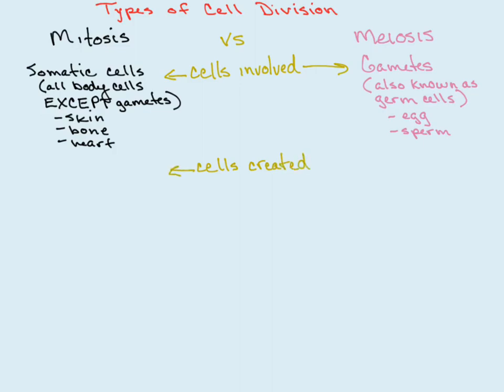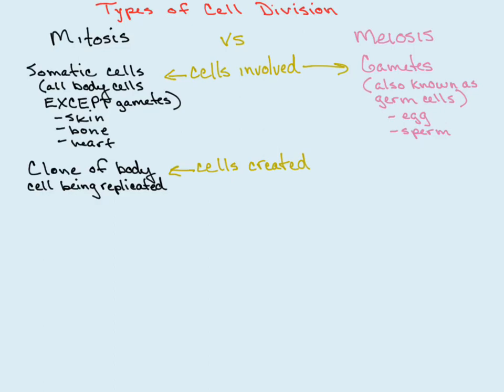So, what cells are created during the process of mitosis? The cells that are created are all clones of whatever cell went into that replication process. So if you scraped your skin, cells need to go through mitosis to create new skin cells that are a clone of the old skin cells.